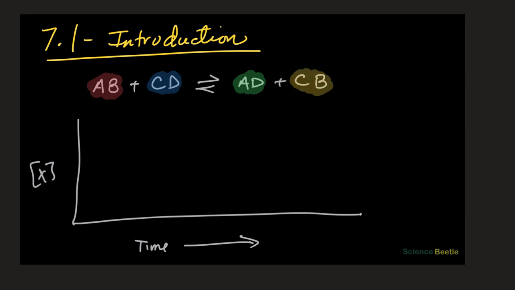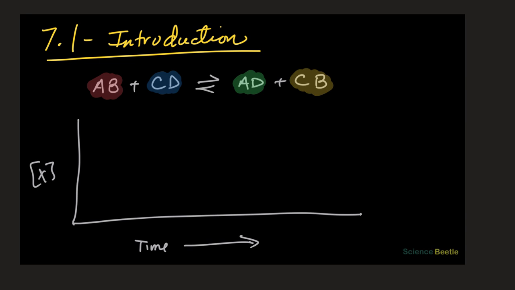All we're saying here is that over time, if we look at the beginning of the reaction at 0, at the very beginning there is no product. You don't have any AD or CB generated because the reaction hasn't really progressed. But as we learned in Unit 4, you're going to get some of these compounds breaking apart.